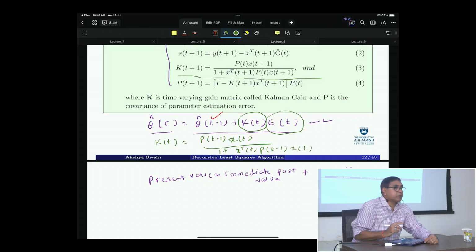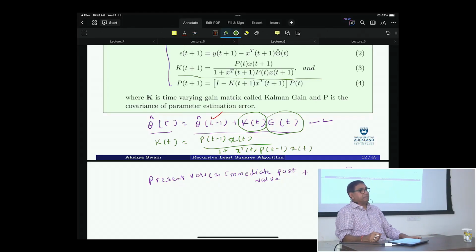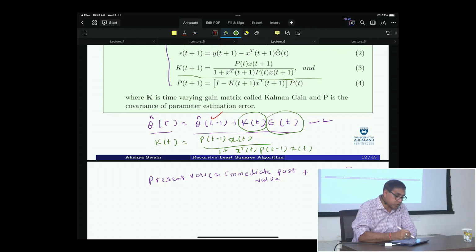Do you understand these things first? kt is equal to pt minus 1 into xt, divided by 1 plus x transpose t pt minus 1 xt. Clear?